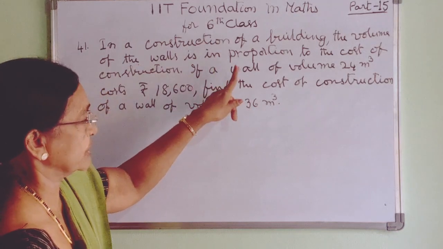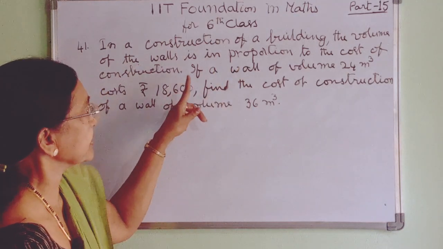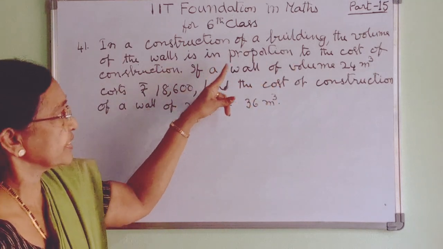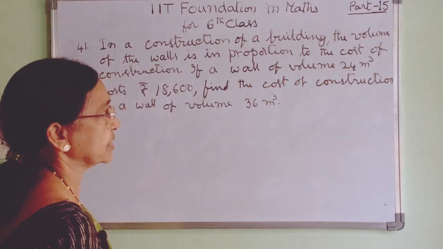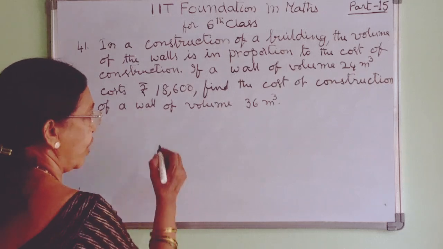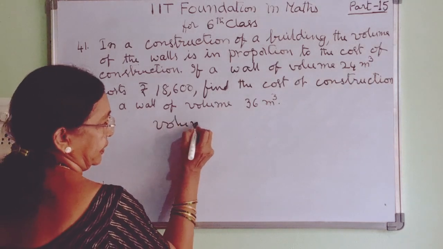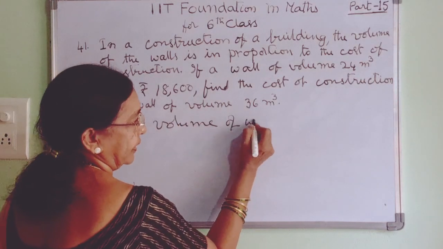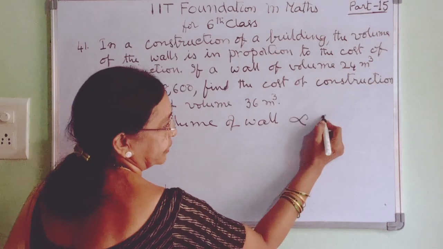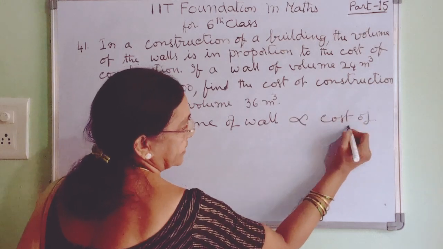So the volume of walls is proportional to the cost of construction.